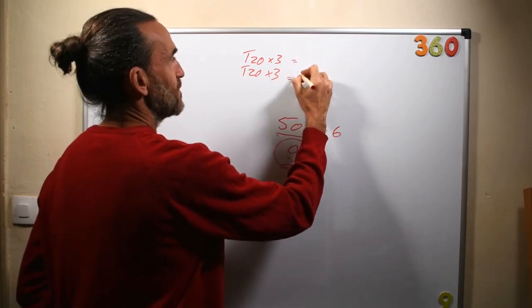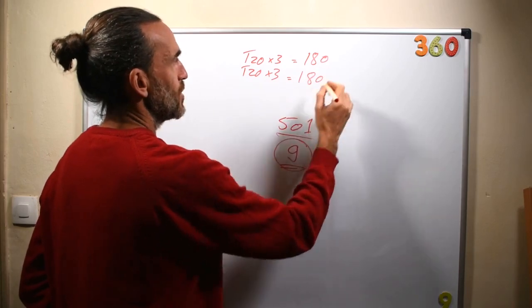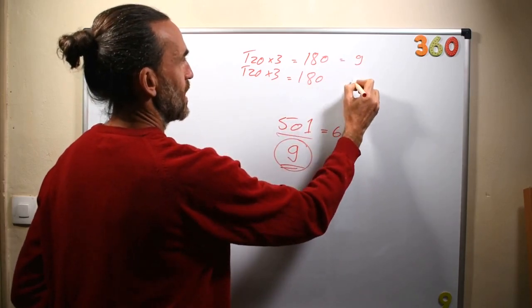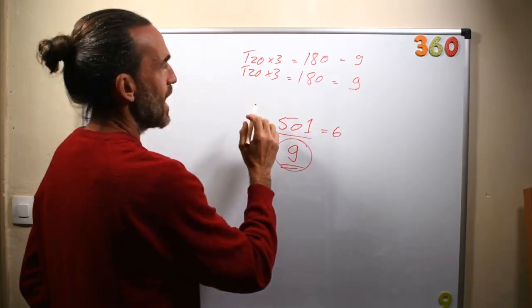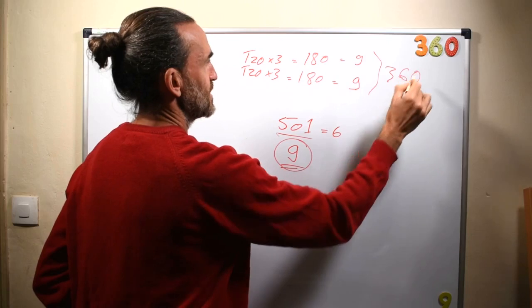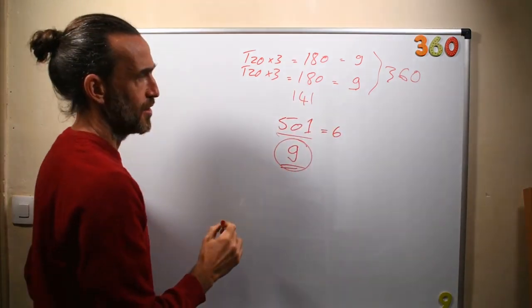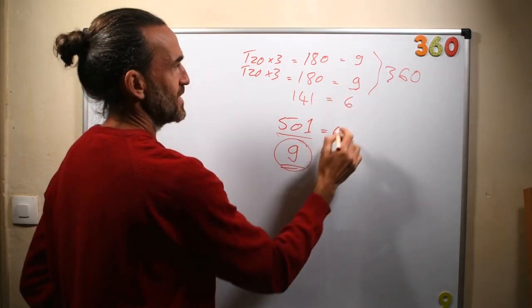This equals 180 for each one, which obviously has root number 9 and root number 9. And when you add these together, that would be 360 in total, which leaves us with 141, which also has a root number of 6.